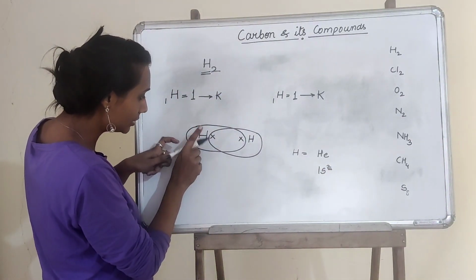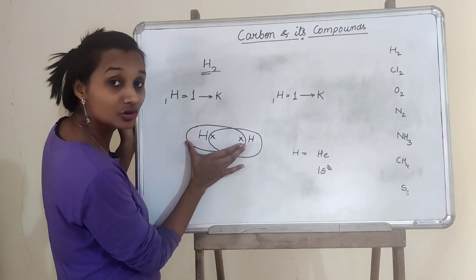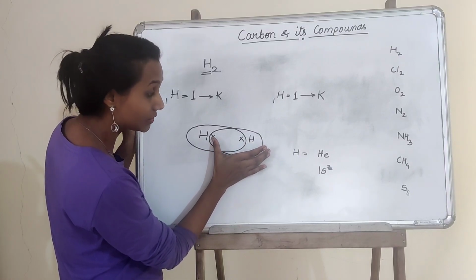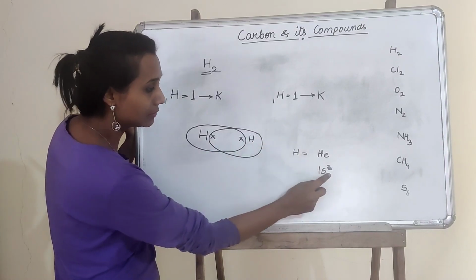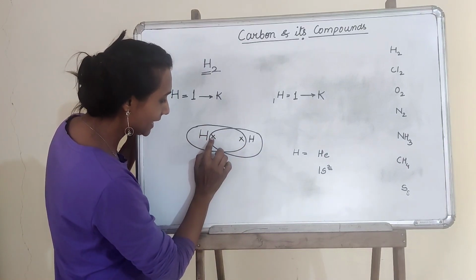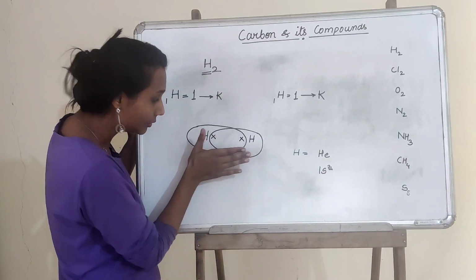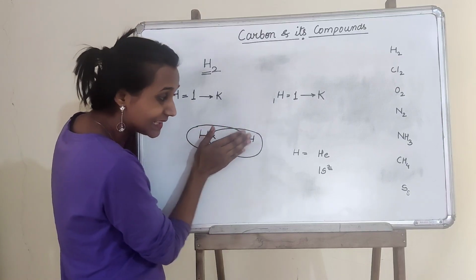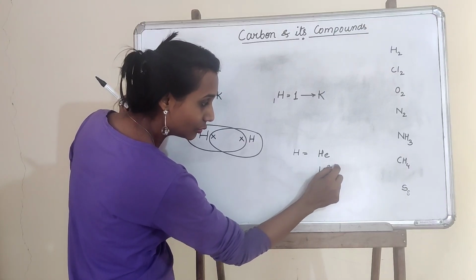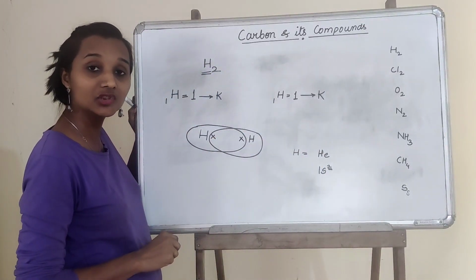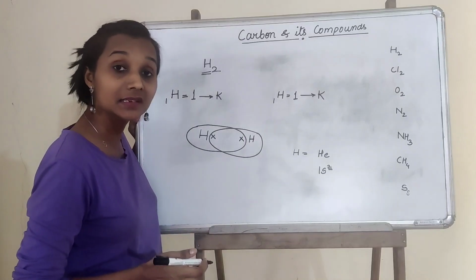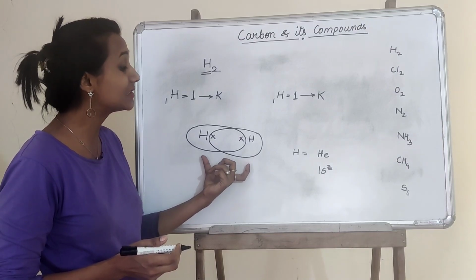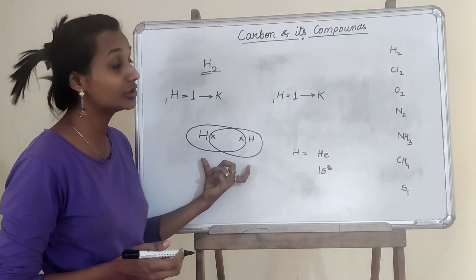So, this hydrogen has got 2 electrons, and this hydrogen has got 2 electrons. Because of equal sharing of electrons between two atoms, each atom is attaining the nearest noble gas electronic configuration. Hence the molecule is stable, and this is the Lewis dot structure for hydrogen.